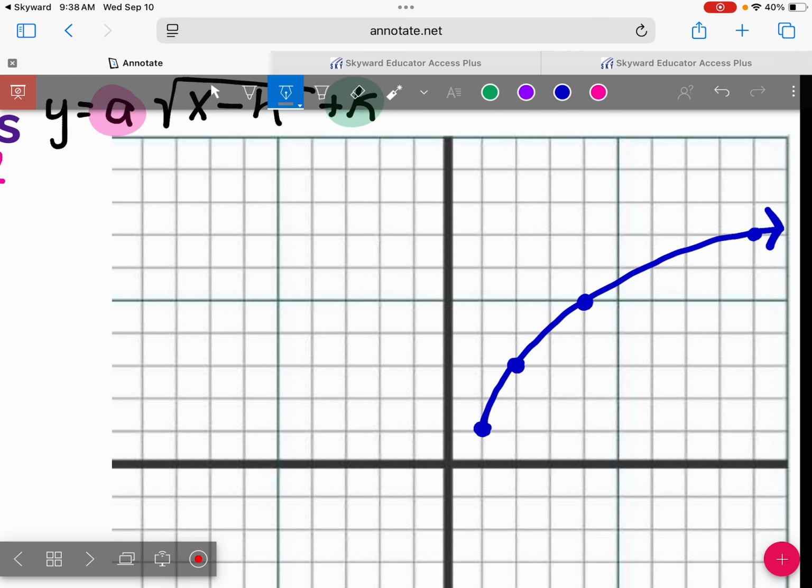And if we think about that one compared with our parent, which looked like this, we can see that it did get stretched vertically. It helps if I actually plot these right: 0, 1, here. I had it zoomed in too far.